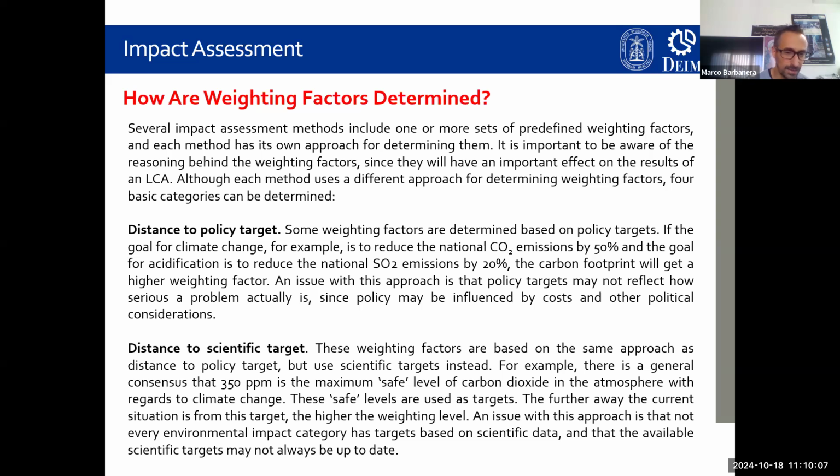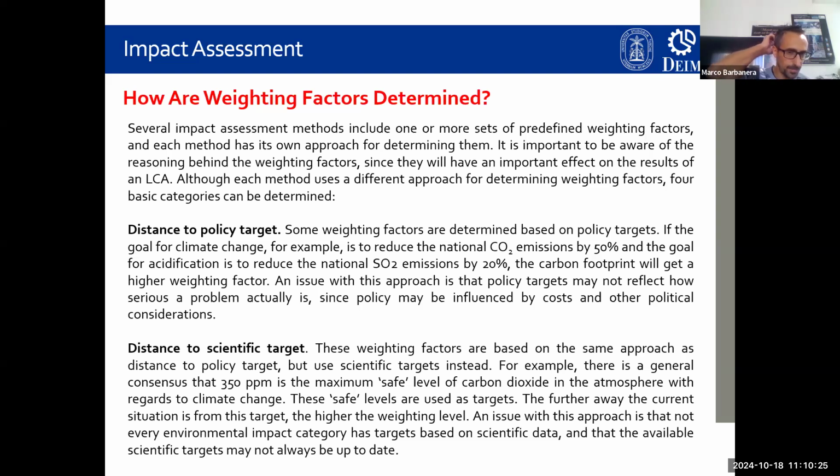So in this case, an issue with this approach is that policy targets may not reflect how serious the problem actually is, because policy may be influenced by costs and other political considerations.